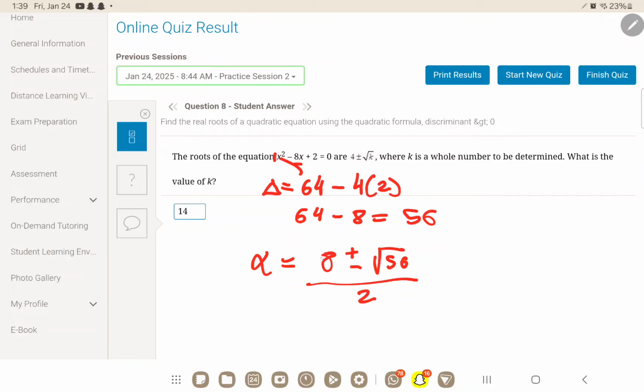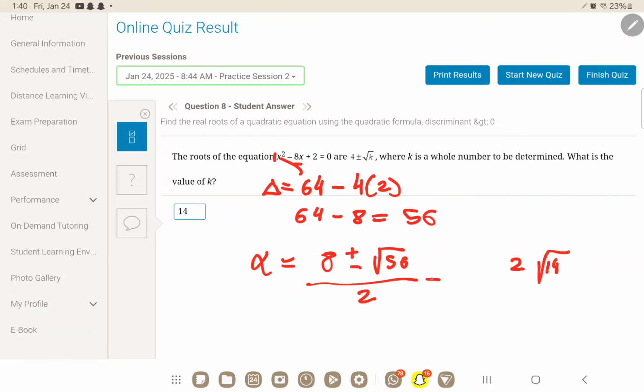Now we know we cannot cancel any part of the top without factoring it out. So to factor it out, we need to take a part of 56 out. When you divide it by 4, you're going to get that it's 14. And 4 is a square, so it's technically 14 times 2 squared, which we can take out the 2 squared, it becomes 2 radical 14.